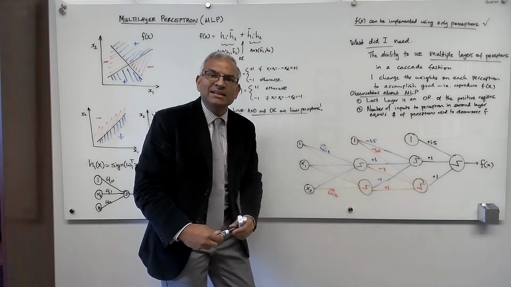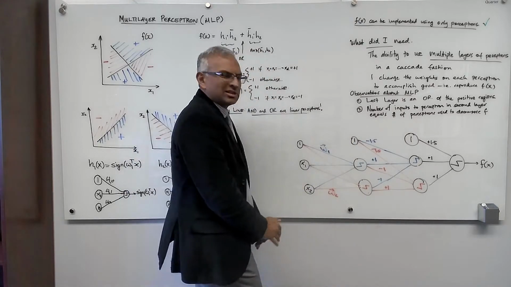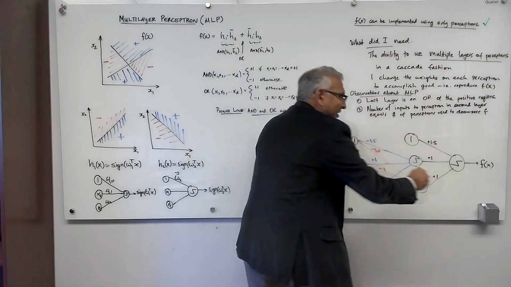The final multi-layer perceptron has, since the input layer we typically don't count as a layer, 1, 2, 3 layers.